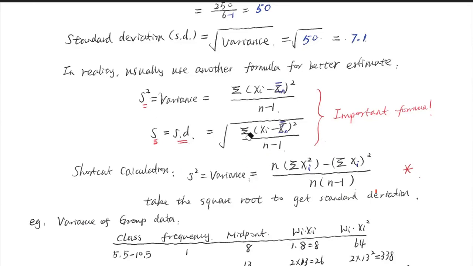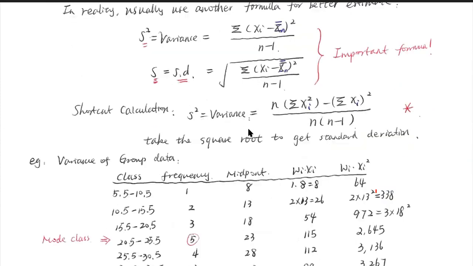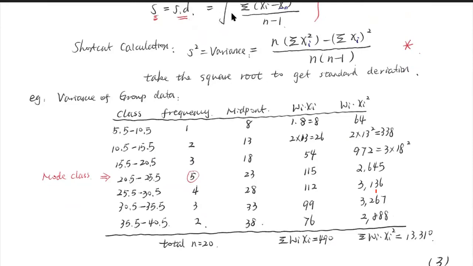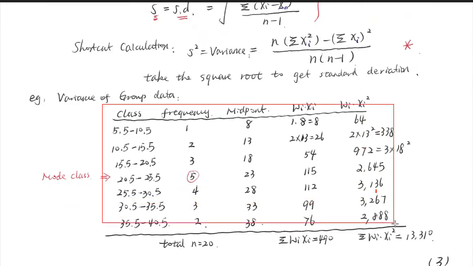All right, that's what we have here. Now, we mentioned previously, for this group data, like this example here, we know there's a way we can calculate the average. Similar to that GPA calculation example, we can calculate the weighted average. Similarly, we can also calculate the variance and standard deviation for this group data.